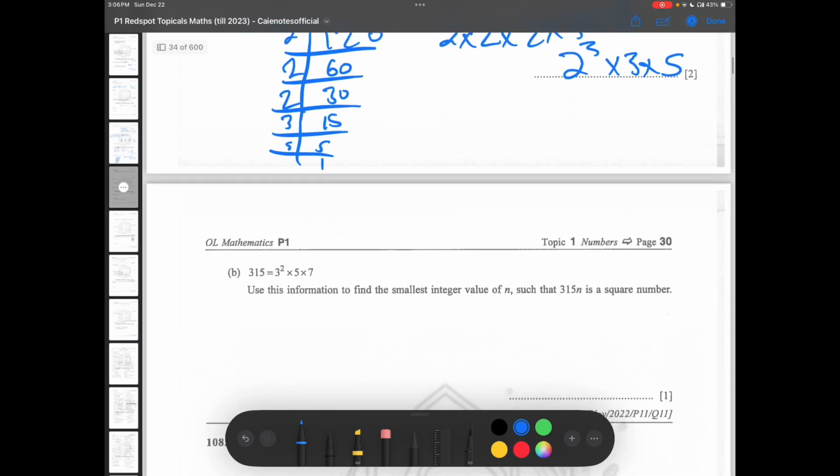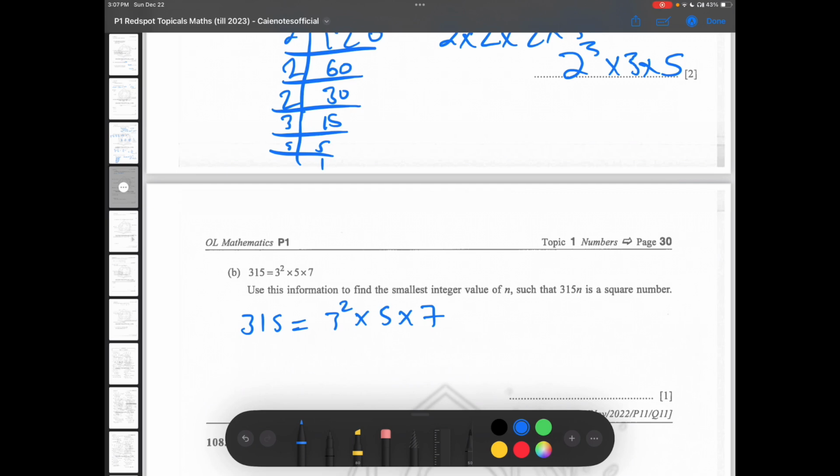Part B says use this information to find the smallest integer value of n such that 315n is a square number. We have been given the prime factorization of 315. So this will become a square number when we have a square on 5 and 7 as well. And how can we have that?